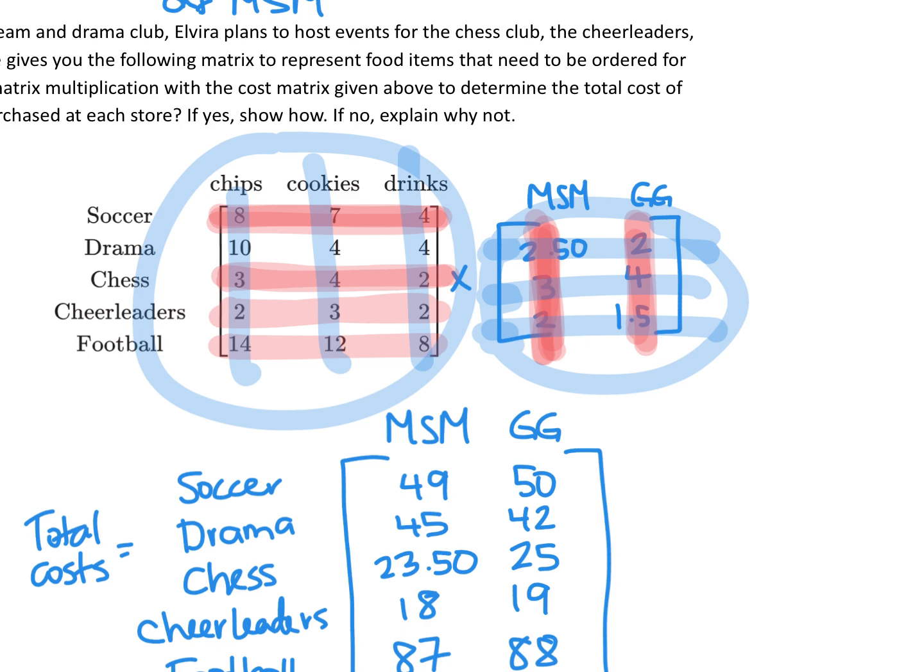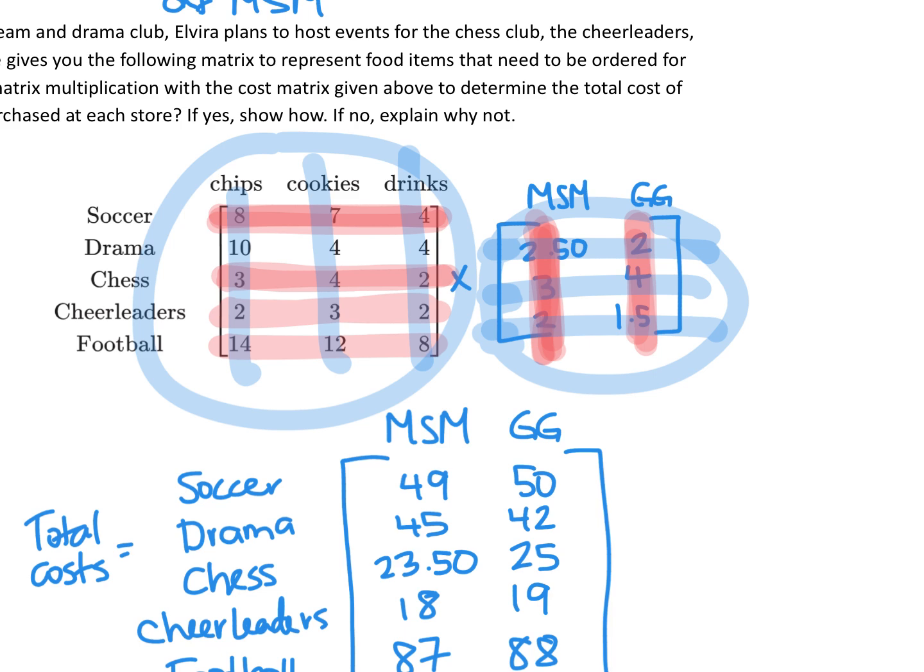I didn't write it here, but that's what the 250 was. It was for chips, 250 and 2. The 3 and the 4, that was for cookies. The 2 and the 150, that was for drinks. So because the items listed in my columns in the first matrix and my rows in my second matrix are the same, that means it's compatible.